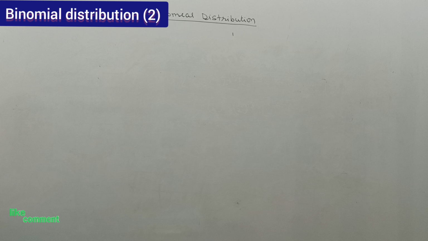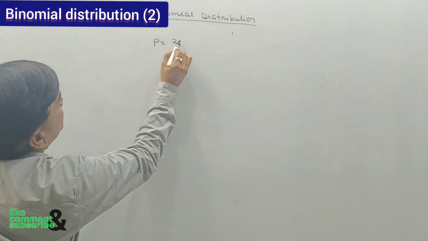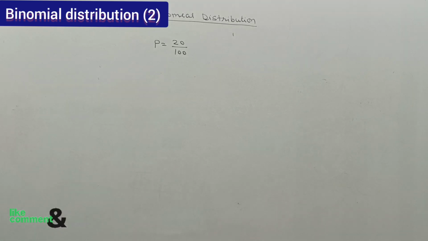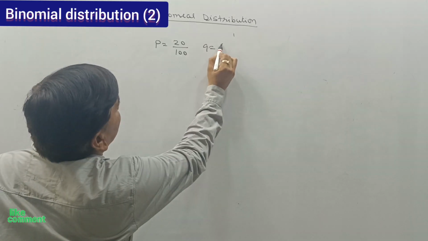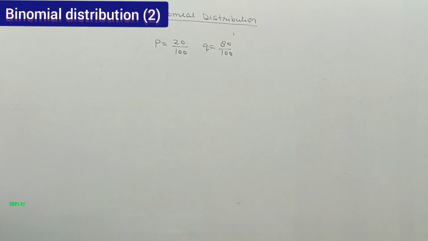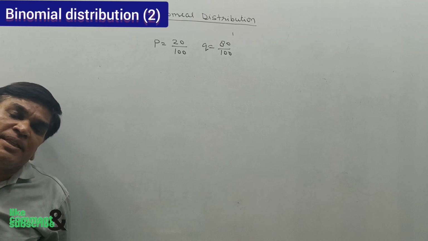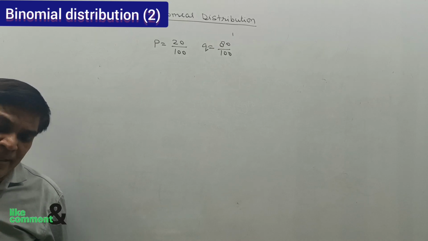In an incidence of occupational disease in industries, the worker has a 20% chance. In a factory, there is a 20% chance that a person will have the disease, and an 80% chance there will be no disease. In a factory, there is a 20% chance the worker has the disease related to the factory.